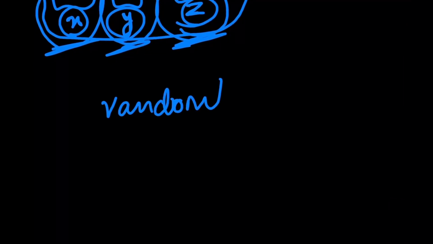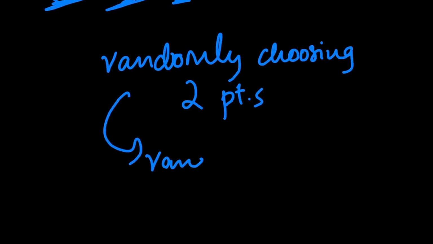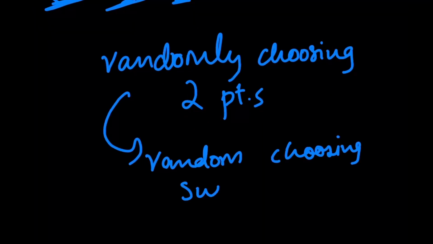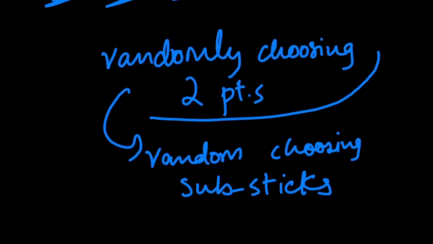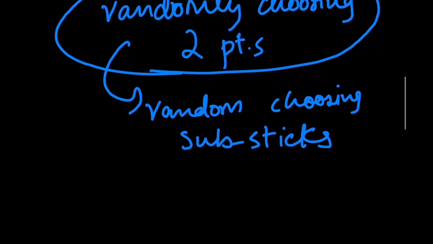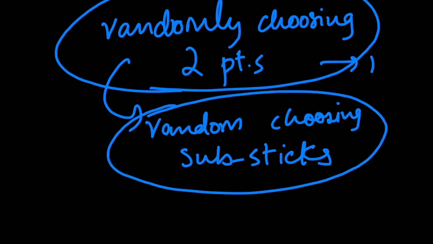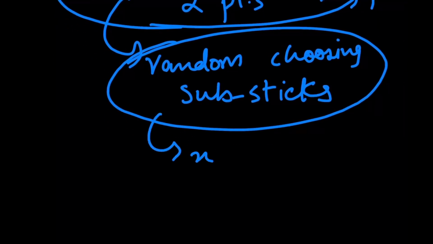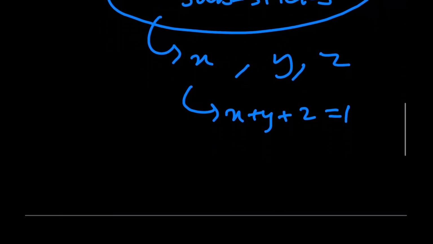So what I'm trying to say is that randomly choosing 2 points is completely identical to randomly choosing three subparts, or substicks if you will, right? So I'm converting the problem of randomly choosing 2 points on that 1 unit length stick to randomly choosing three substicks of lengths X, Y, and Z, with the constraint that X plus Y plus Z has to be equal to 1, right?